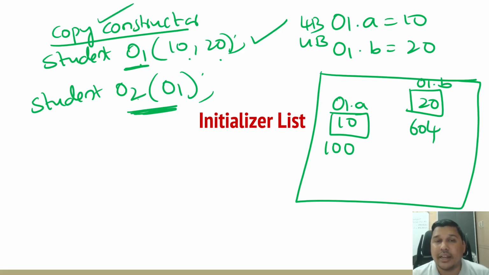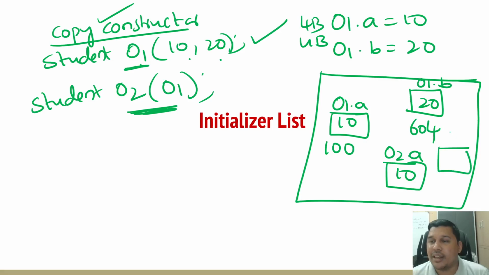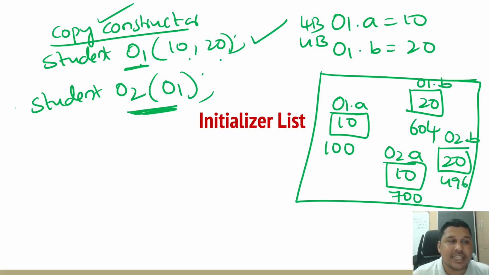In your memory, another block O2.A is created with the same value 10, and another box O2.B with the same value 20, but at a different address. Let this be 700, and this 496. When you write the second statement, Student O2 of O1, this is the implementation of the copy constructor.